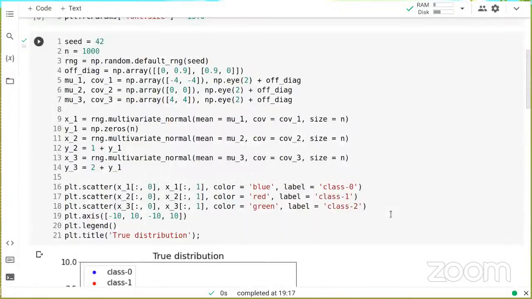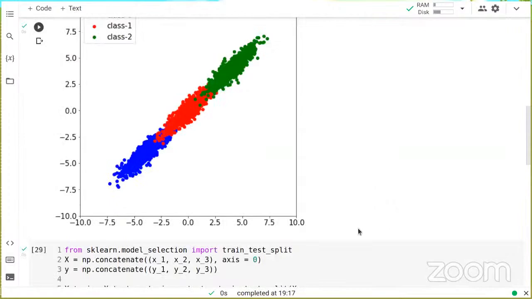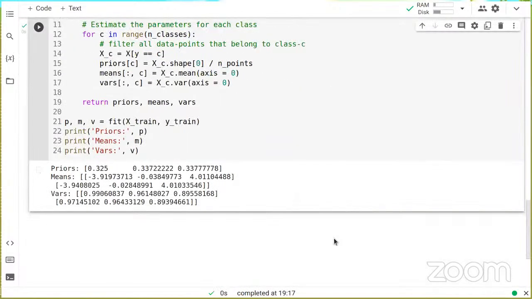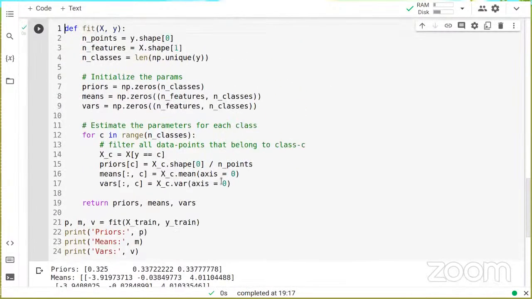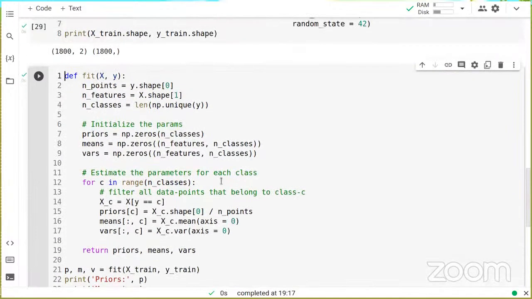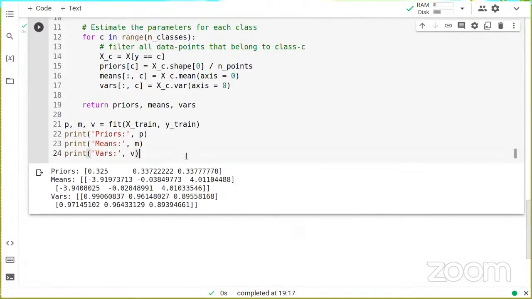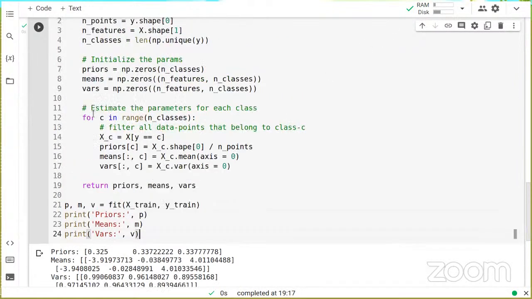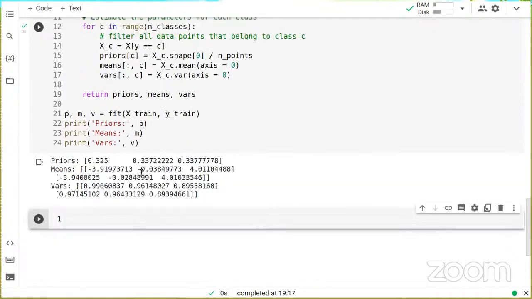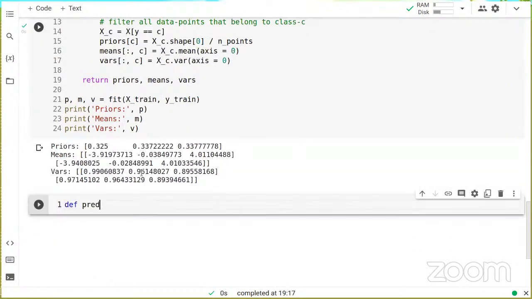Where were we? Getting back to Naive Bayes. I hope this fit part is now clear to all of you. Now what we need to do is, if you are given a test data point, how do you classify it? For that, we need to compute the posterior.